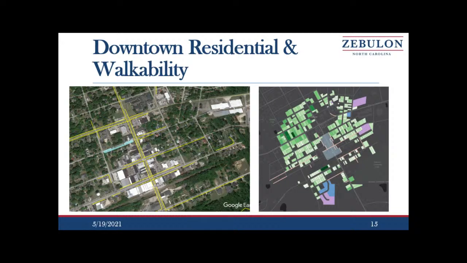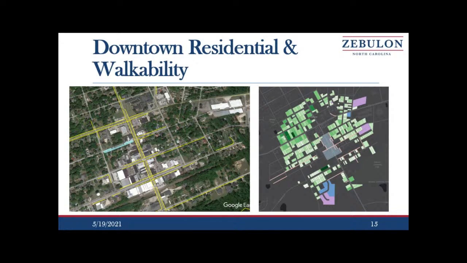The image on your right is an image that we worked on with our planning department. We worked to recognize what are the housing units, the dwelling units within walking distance of our downtown, and what are the values of those homes.